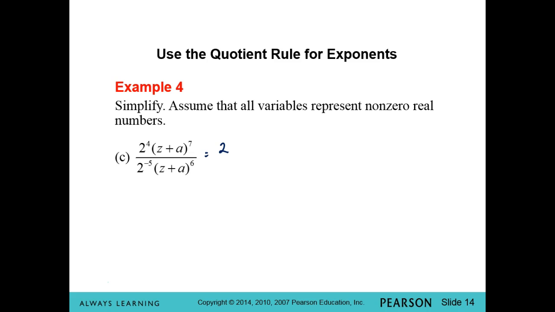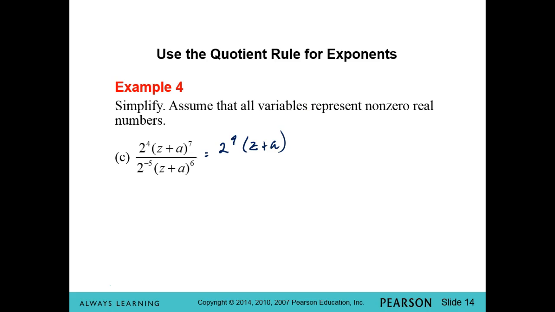Right? So that becomes positive 5. 4 plus 5 is 9. 2 to the 9th. Okay? Okay, times z plus a to the first power.